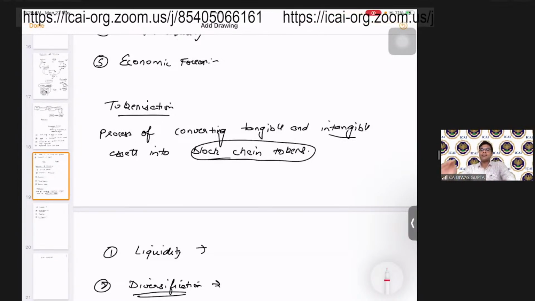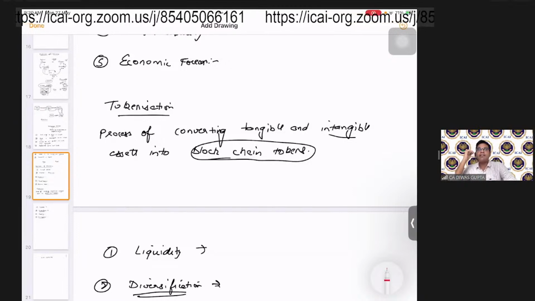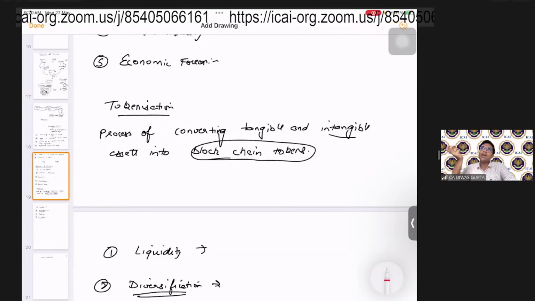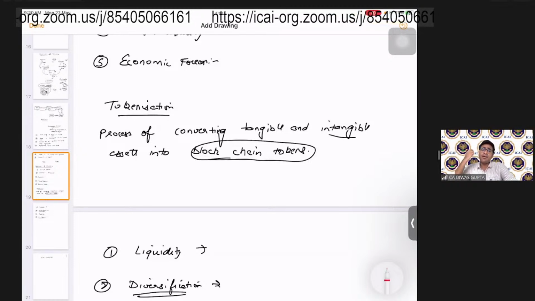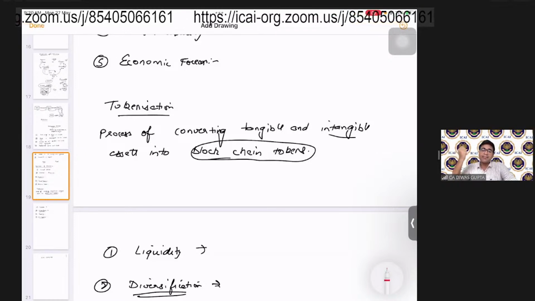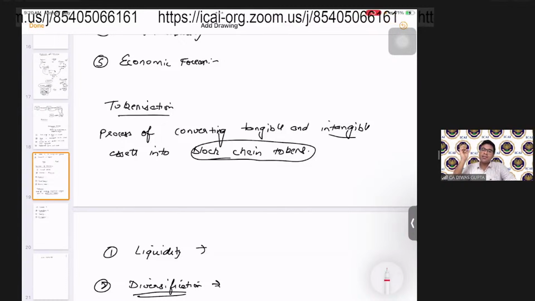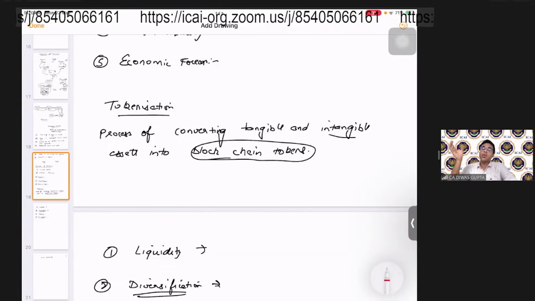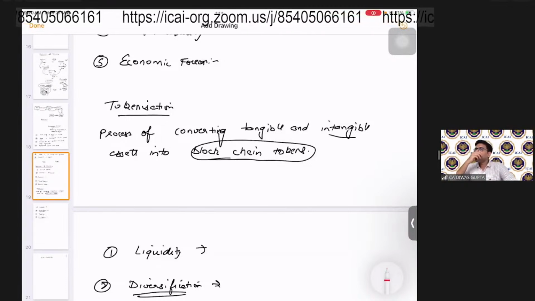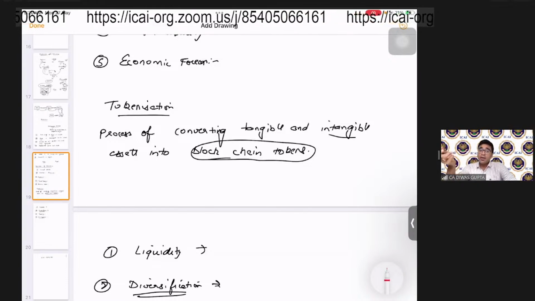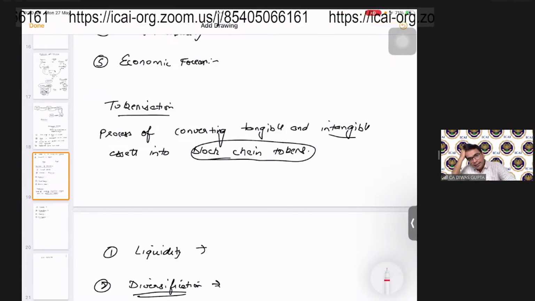So in this, let's say we have a piece by any artist. For example, we have some big painting, right? That is a tangible asset. It can be converted into a blockchain token, and then that token can be dealt in. It can be traded off, right?